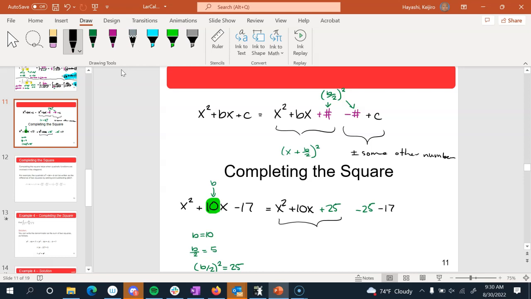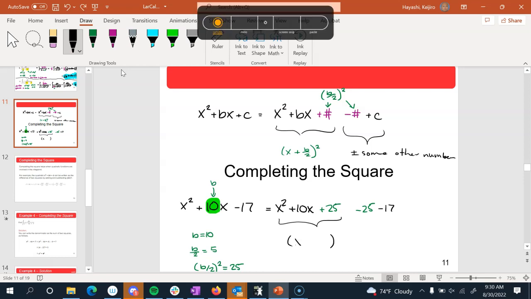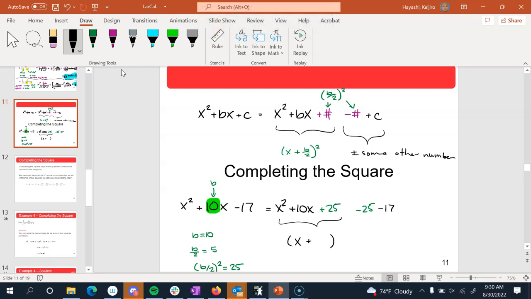And a perfect square trinomial should be able to be condensed into a binomial squared. That binomial is going to be x plus b over 2, the number after you cut b in half but before you square it. For us, that was 5.